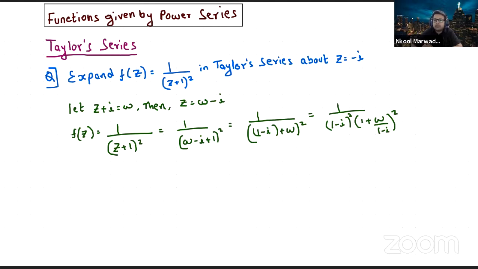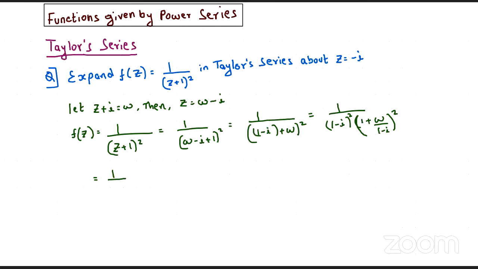Anything you can interpret, but we will get this, and this is understandable. We can understand this. This is clear. Now I can write it like this. This will be equal to 1 upon 1 minus i square.